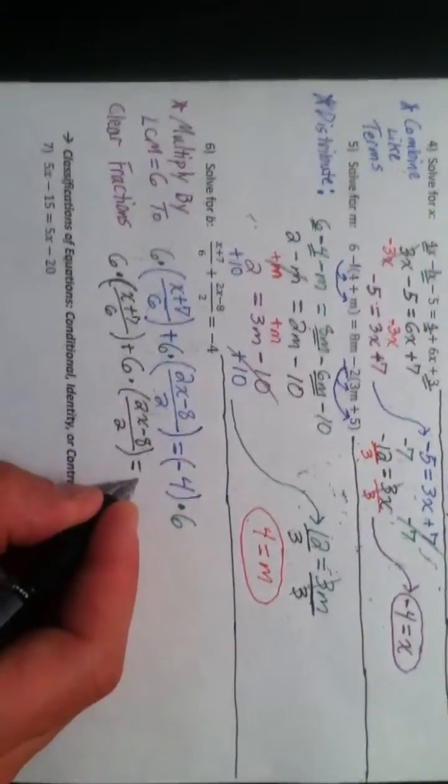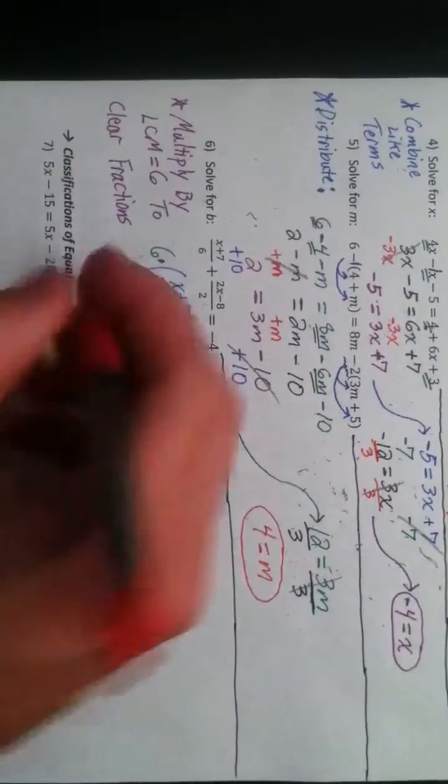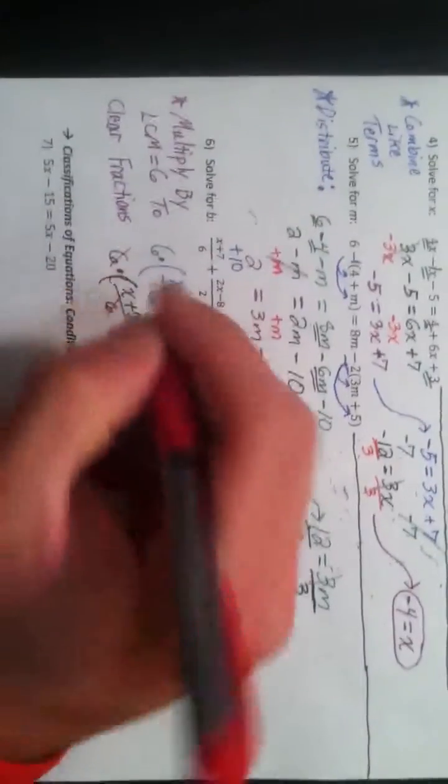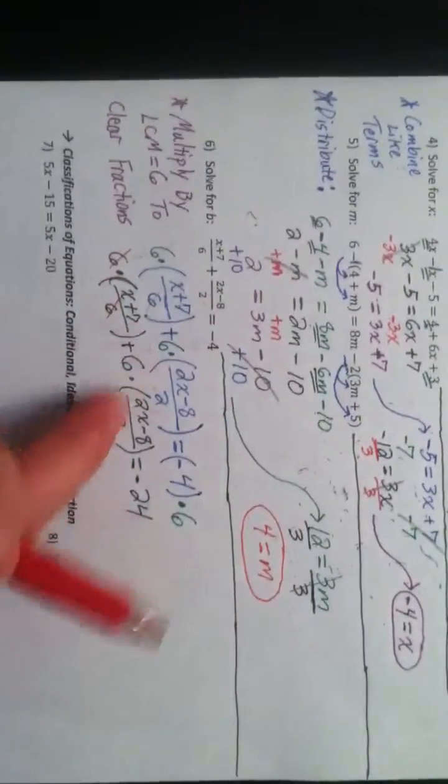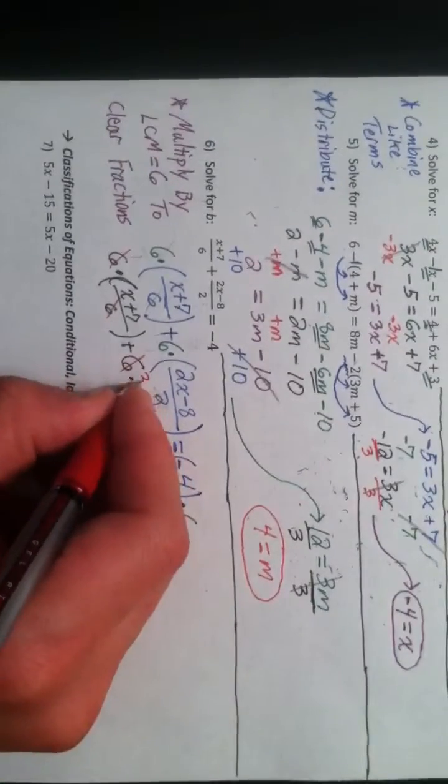Negative 6 times 4 is going to be negative 24. So now coming in and doing as I said, the 6's here will divide each other out, and then 6 divided by the 2 here is going to give you a positive 3.